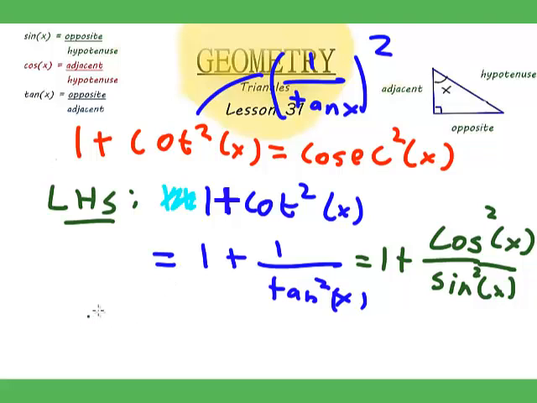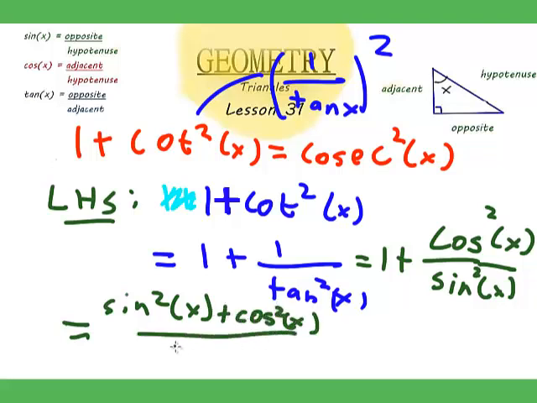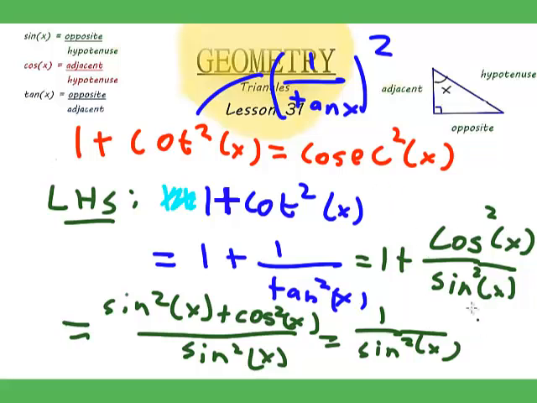We could do the same thing as last time and move the 1 up to the top, so it makes sine squared x plus cos squared x over sine squared x. The top is equal to 1. This leaves us with 1 over sine squared x, which is equal to cosec squared x.